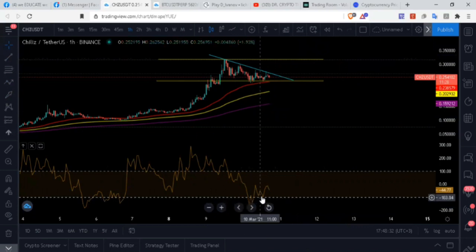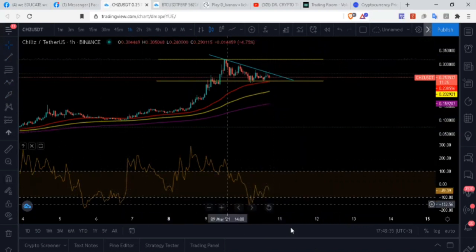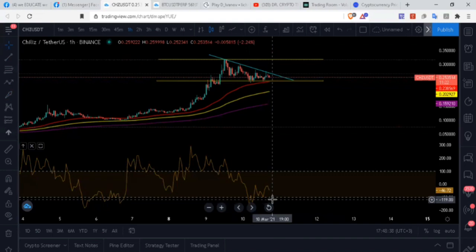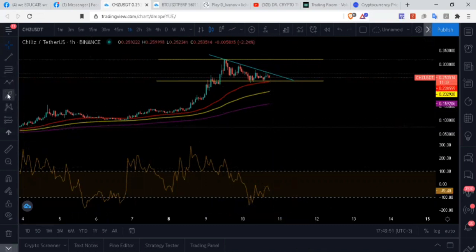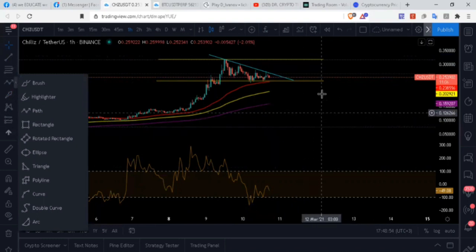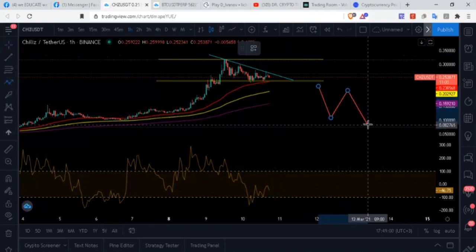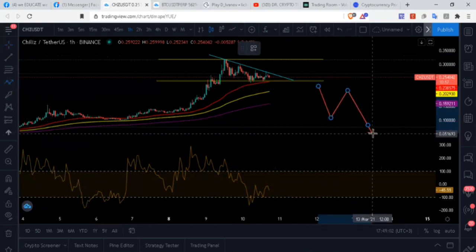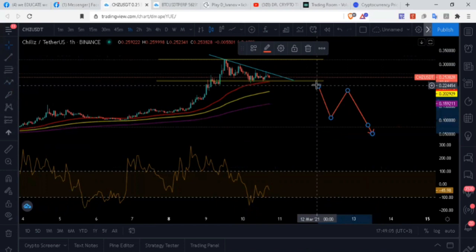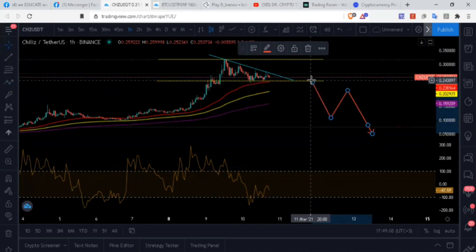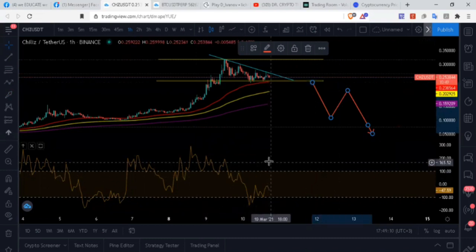We will wait for the CCI to become oversold, or below the negative 100 area here. We will wait for that as our confirmation to enter a trade. If the total structure of a certain coin is lower low, lower high, like this, we will wait for the CCI to print overbought.